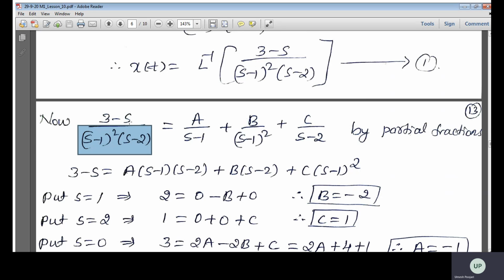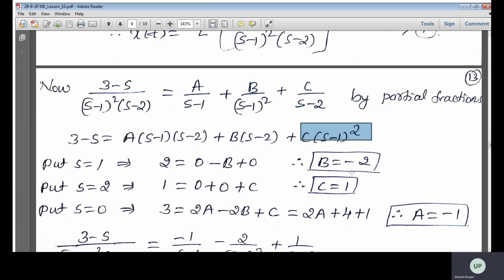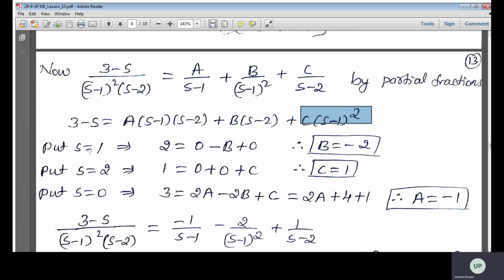Then on the left hand side we have 3 minus s, and on the right hand side, multiply the first term by the denominator, you get a into (s minus 1)(s minus 2) plus b into, you can cancel (s minus 1) whole square, the remaining term is s minus 2, and the third one, we can cancel s minus 2, the remaining term is (s minus 1) whole square.